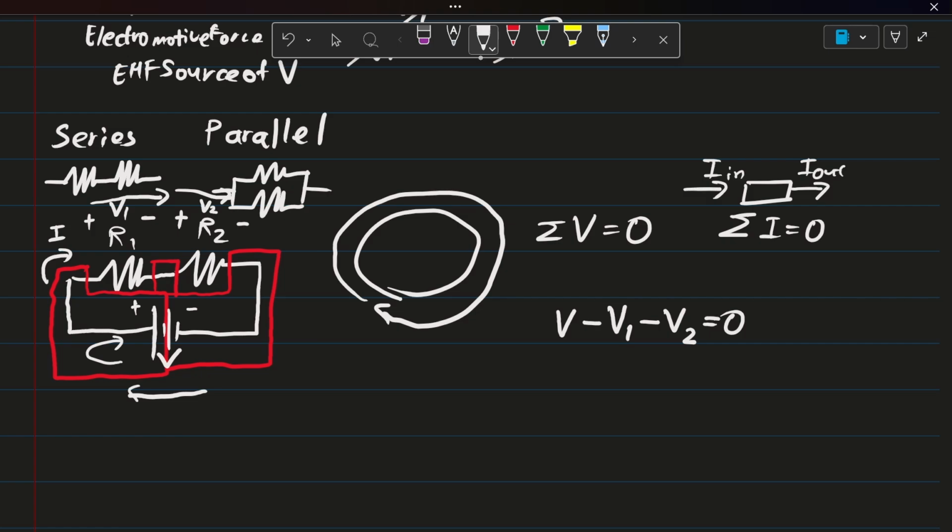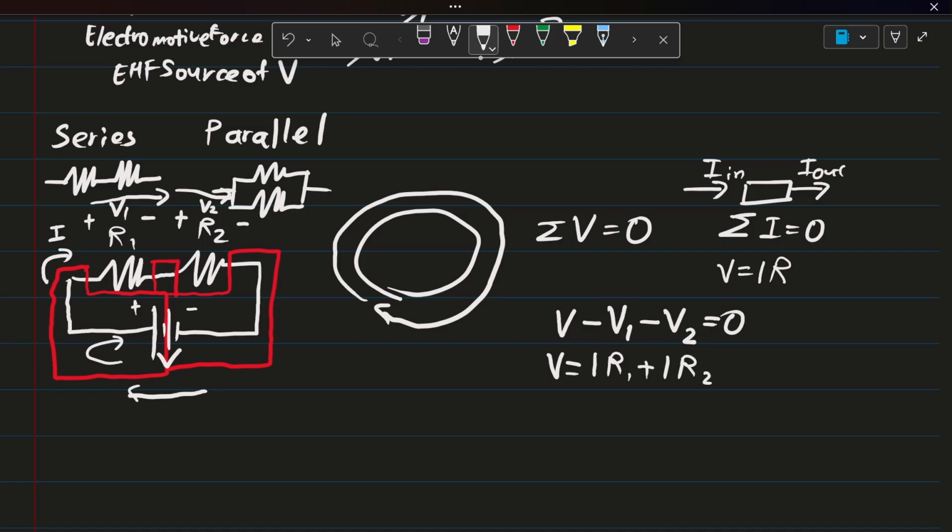With this, we can see that there's current going in here and then current going out. It should be the same. That current will later meet this R1. Remember about resistors, the voltage is I times R. So the voltage equals V1 plus V2, which is I R1 plus I R2.